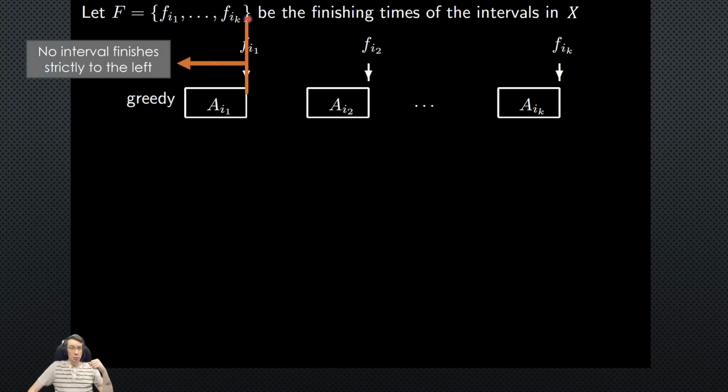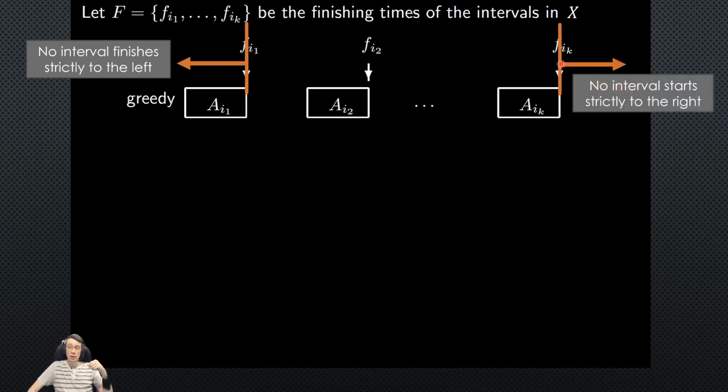Now, note that no interval in the input can finish strictly to the left of Fi1 because greedy chooses the earliest finishing interval as its first interval. So no interval in the input can finish to the left of this. And also note that no interval can start strictly to the right, or else greedy would be able to take that interval without intersecting any of the previous intervals, so it would take that interval. So no interval starts strictly to the right.